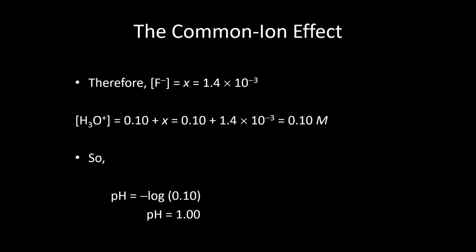And if we plug that back into the values from the ICE table, we find that F minus is 1.4 times 10 to the negative 3, because it was just equal to x. And the concentration of H plus that started at 0.1, when you add 1.4 times 10 to the negative 3, it's still just 0.1.